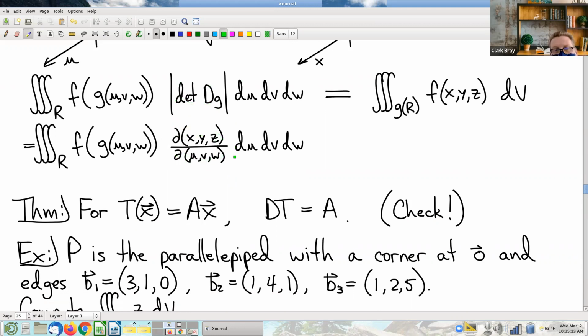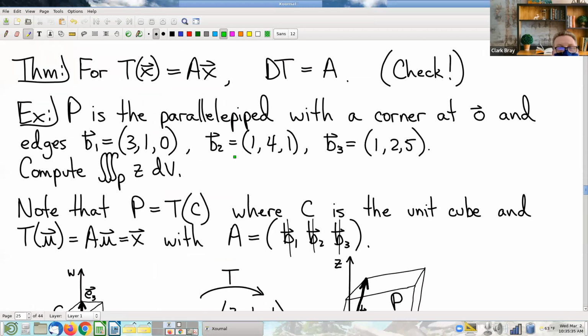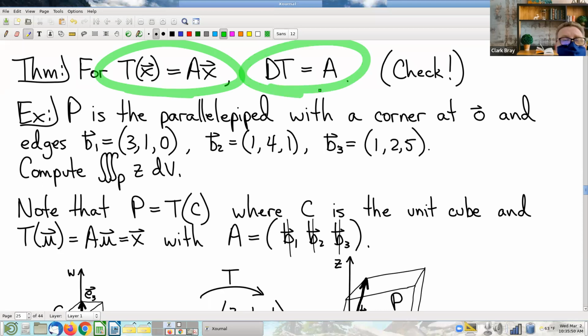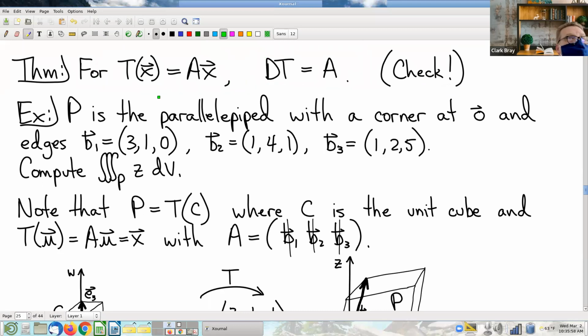So I'm going to show you another example. Well, I'm going to show you a 3-dimensional example. We are going to take advantage of something that I drew your attention to last time, but I didn't actually write it down as a theorem. Here it is as a theorem. And that is that if you have a linear transformation represented by a matrix, then that matrix is also the derivative matrix. Right? And so again, this is something that you can check for yourselves. It's not that big a deal. The way I've written it here even looks more plausible.